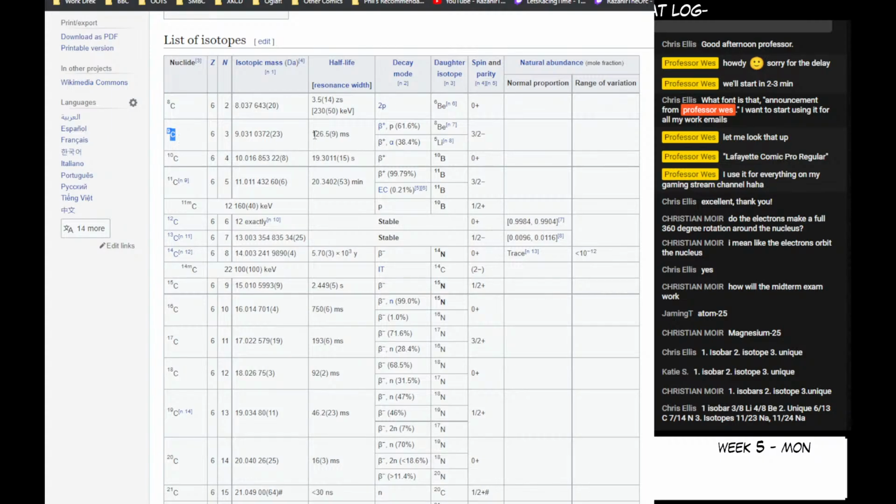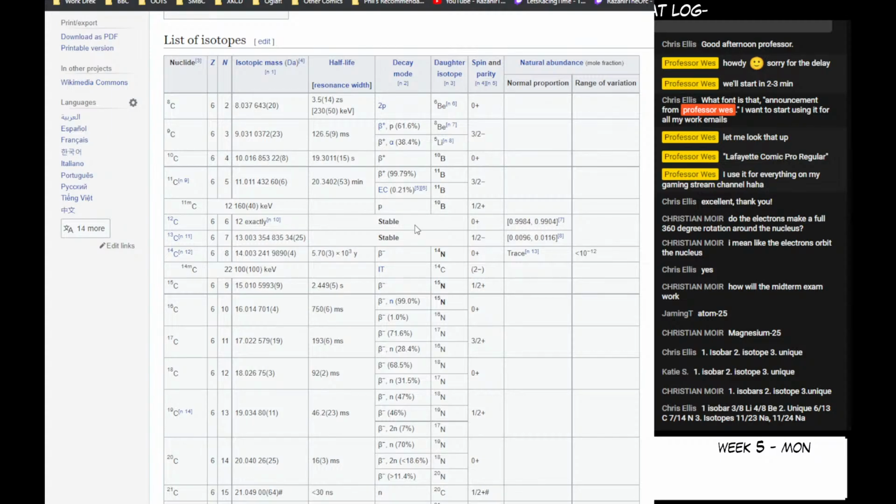Carbon-9 managed to last for 126 milliseconds. Carbon-10 lasts for 19 seconds. Carbon-11 lasts 20 minutes. And then carbon-12 is basically stable forever. So you can see that these get exponentially less stable the further away you go from whatever the stable midpoint is.